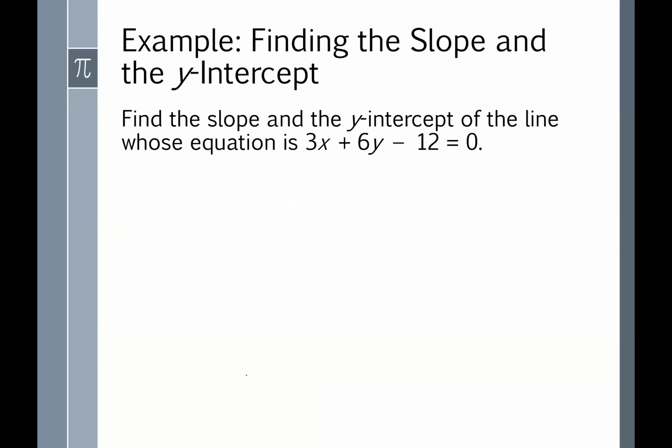So let's find the slope and the y-intercept of the line whose equation is 3x plus 6y minus 12 is equal to 0. So this is general form. And as I said, not particularly useful.